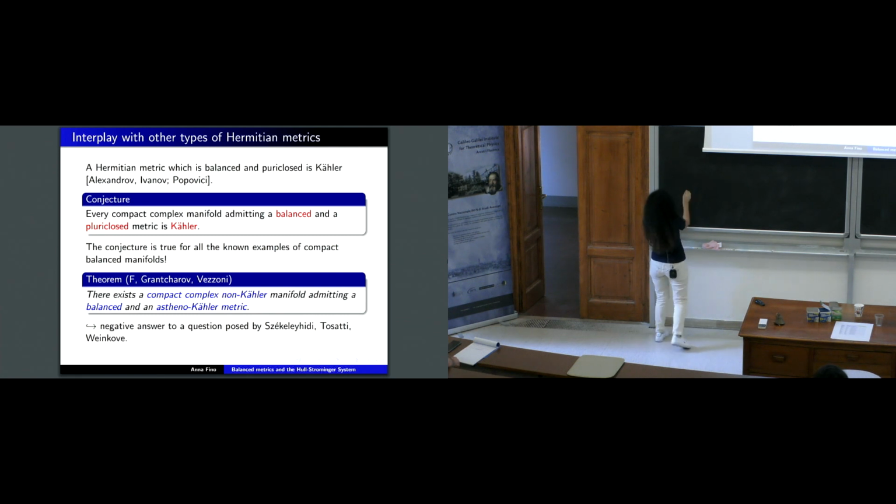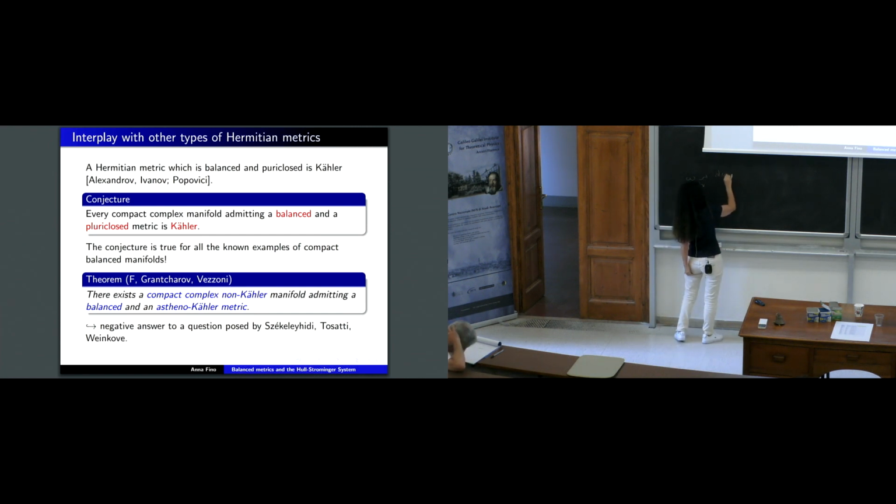So one can ask: let's start with omega, and ask at the same time, for the same omega, with n bigger than or equal to 3, the condition to be co-closed, that's the balanced condition, plus what is also called strong Kähler with torsion, the pluriclosed condition.